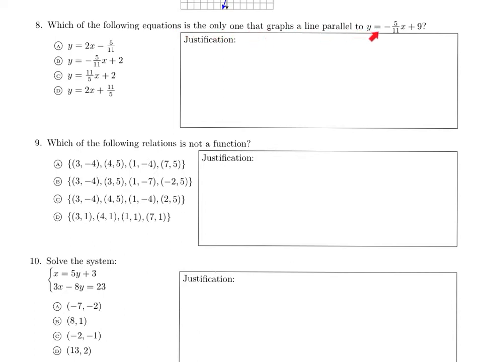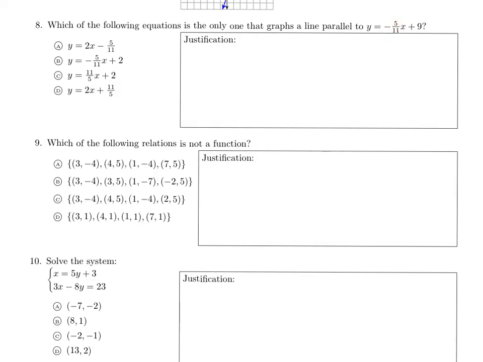For number 8, which of the following equations is the only one that graphs a line parallel to y equals -5 over 11 x plus 9? Just remember, parallel lines means same slope. So you have to pick a line from these options which has the same slope as this line. This line has a slope of -5 over 11.